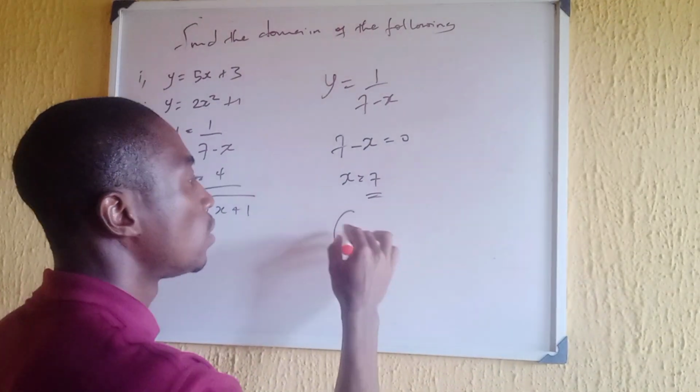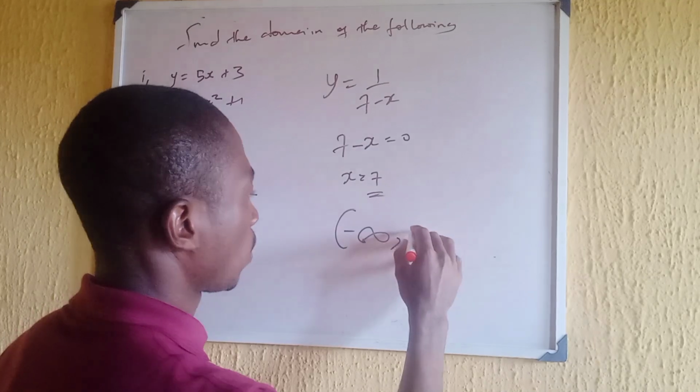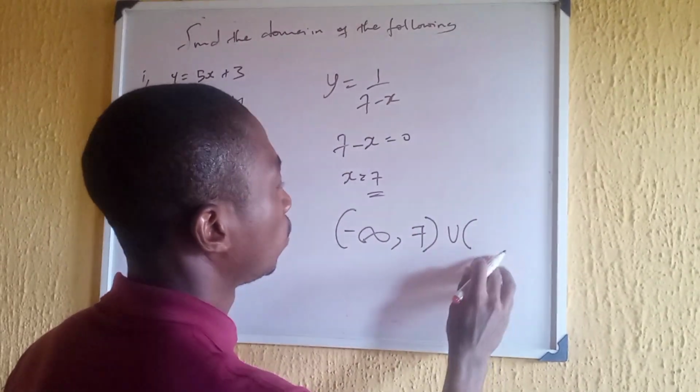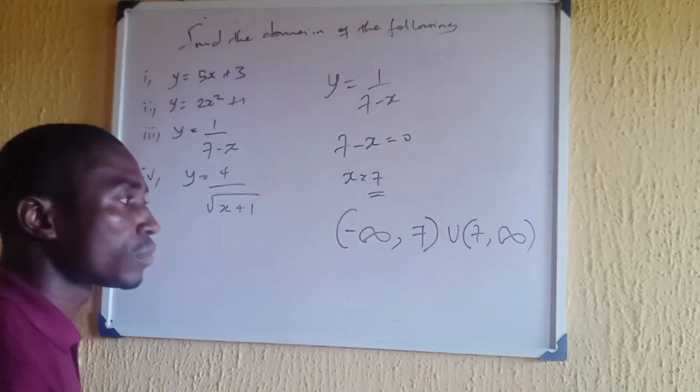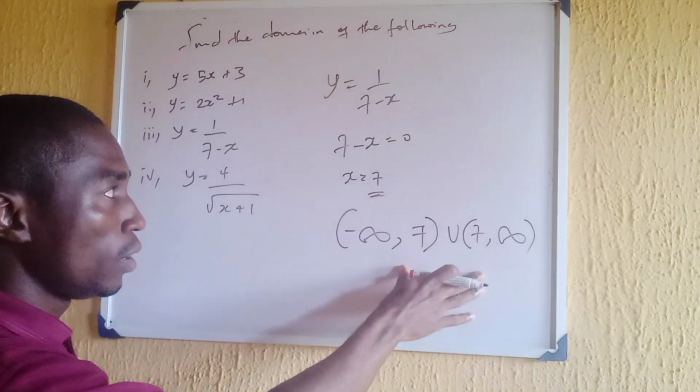In that case, we'll have minus infinity, comma, 7, union 7, comma, infinity. So this becomes our domain for this function.